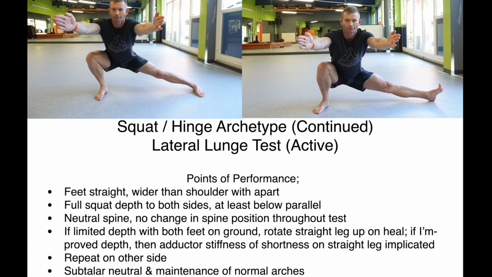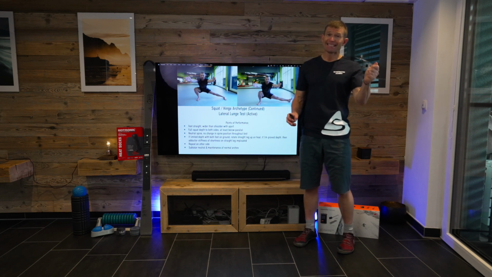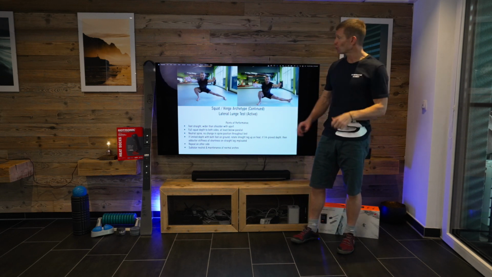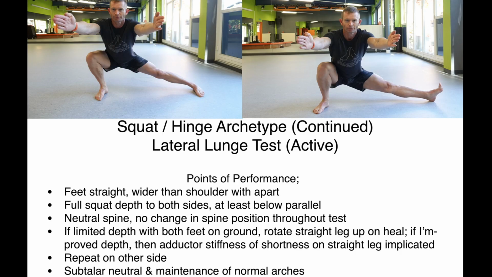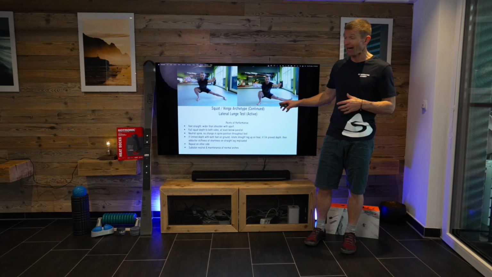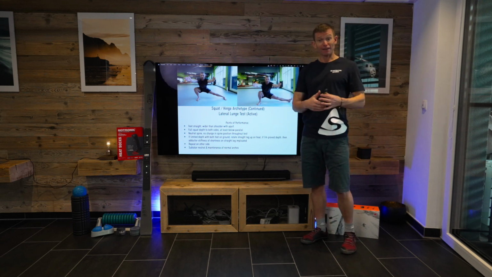Notice again that the foot arch hasn't collapsed on the right leg. I've maintained subtalar neutral. On this side here, you can see that I've actually spun the foot onto the calcaneus to the outside, and this is going to be more on the hamstrings, but it's a bit easier to get into this position now than it is in this position. Again, do you pass or fail this position?